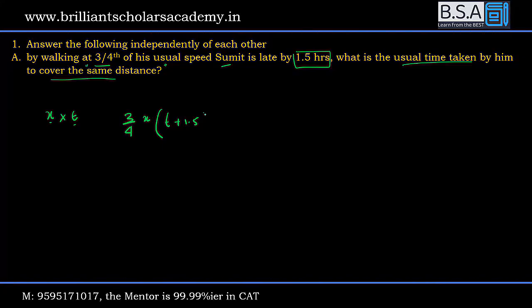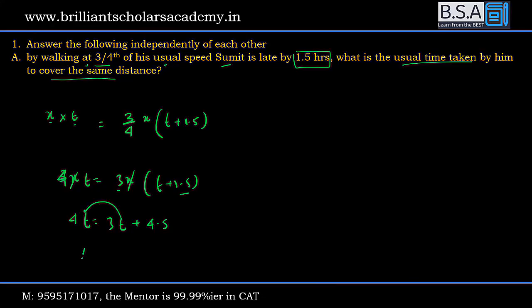If I rearrange, this will be 4x t is equal to 3x into t plus 1.5. Notice here, x is cancelled. 4t is equal to 3t plus 3 into 1.5, 4.5. So t is equal to 4.5 hours.